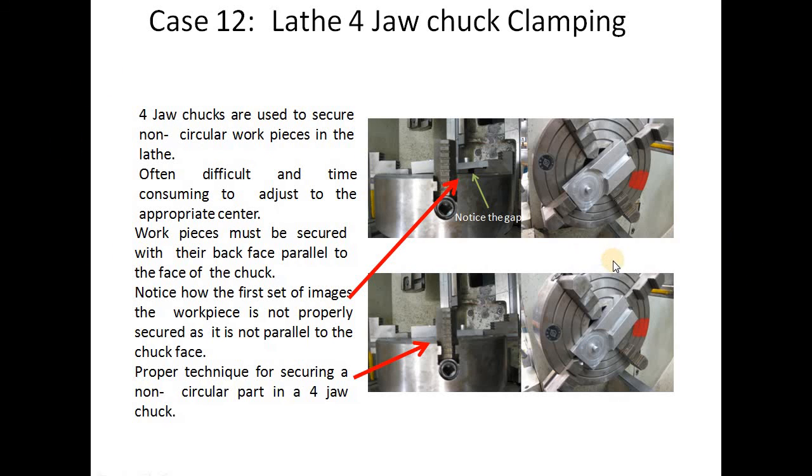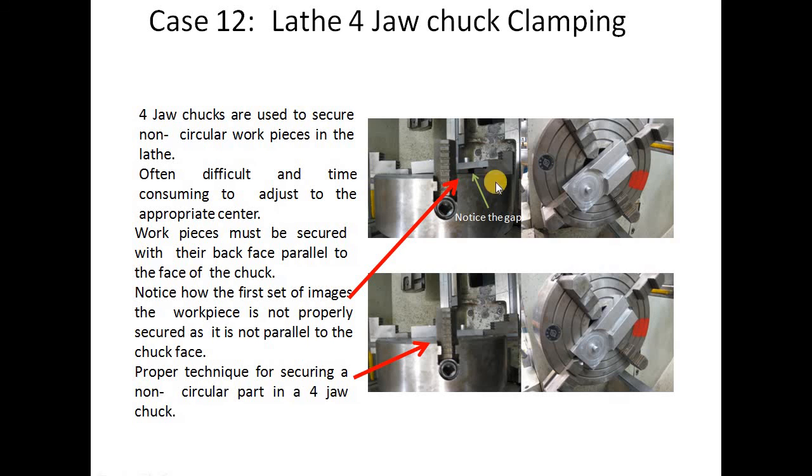It is often difficult and time consuming to adjust the work at the center. So the work must be secured with its back face parallel to the face of the chuck. This is the back face, which is held parallel to the chuck.